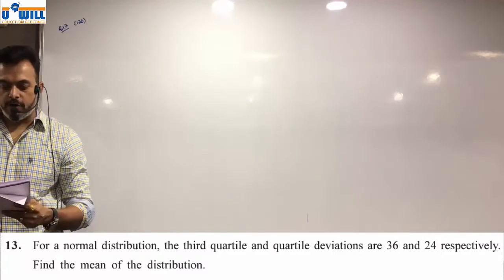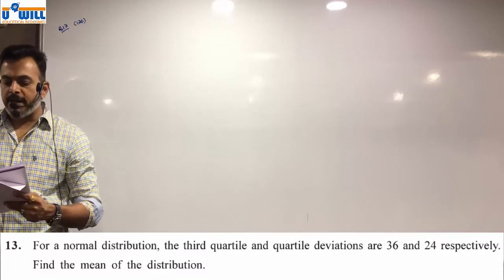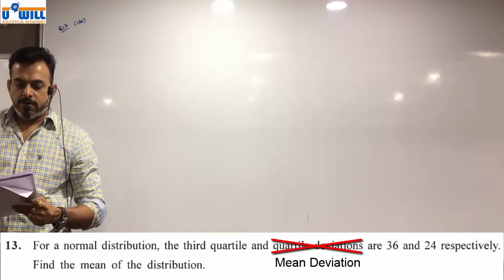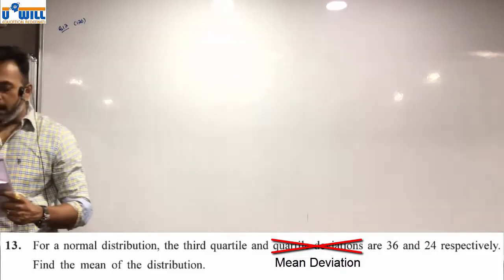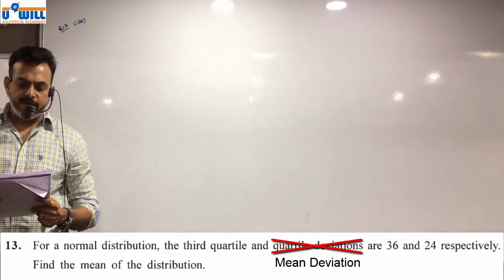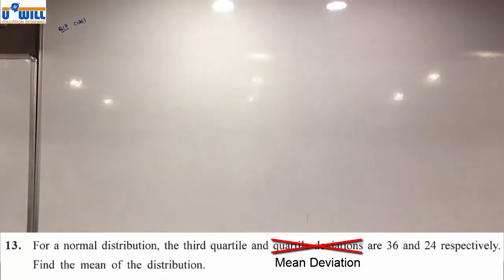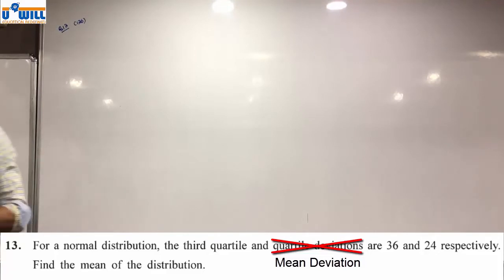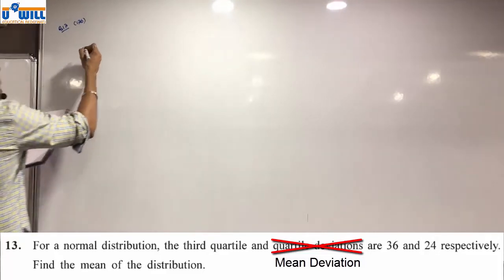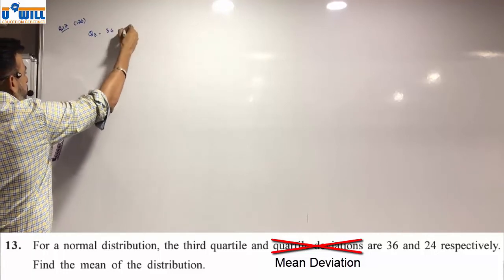Question number 30. For a normal distribution, the third quartile and mean deviation are 36 and 24 respectively. Find the mean of the distribution. Now, third quartile Q3 is equal to 36.